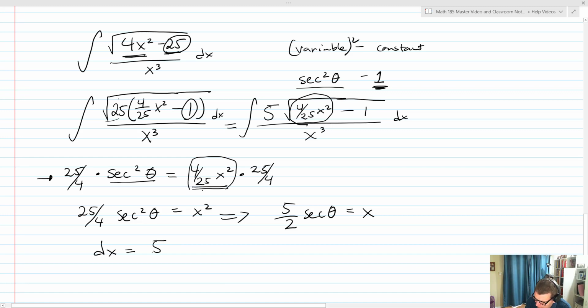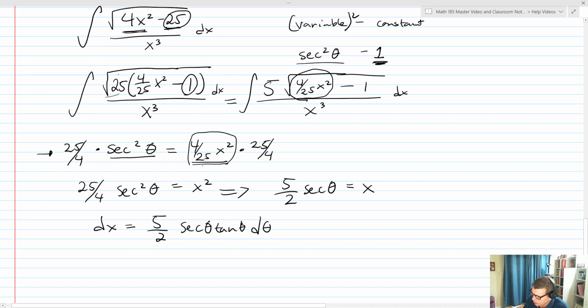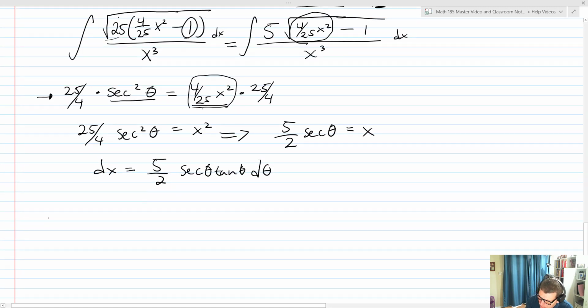So this is going to be 5/2 secant theta tan theta, and now I have d theta. Now I have everything I need to substitute and actually solve this integral, so I'm going to plug that back in. I've now got the integral of 5 times the square root of 4 over 25 x squared, and this term right here is secant squared theta.